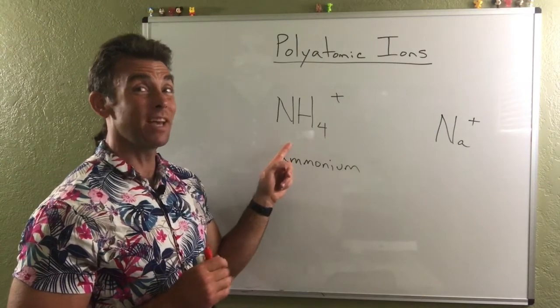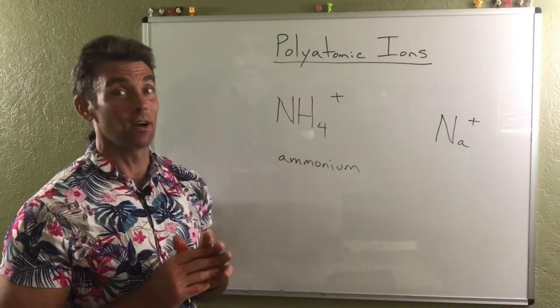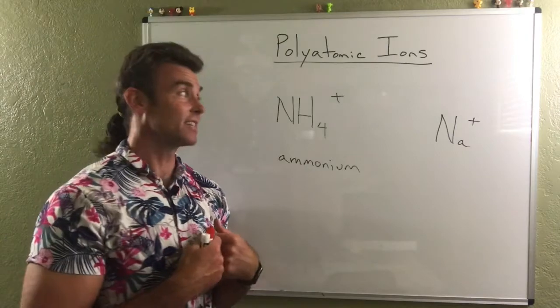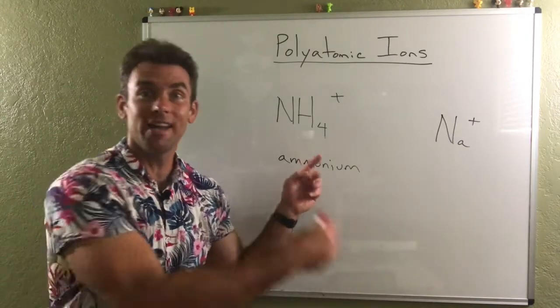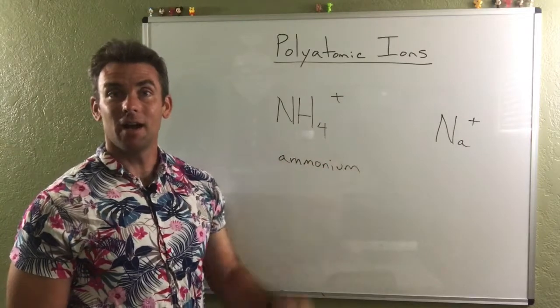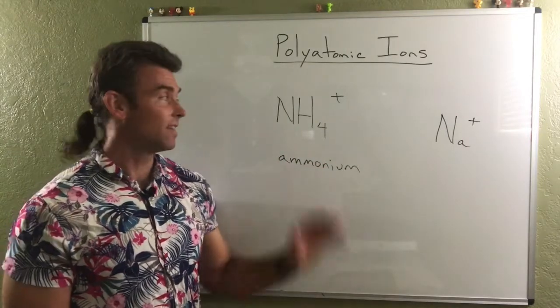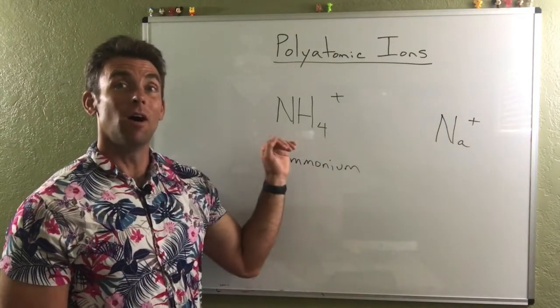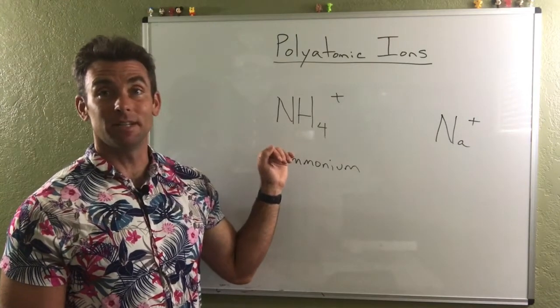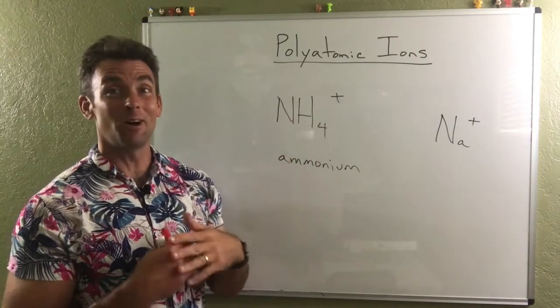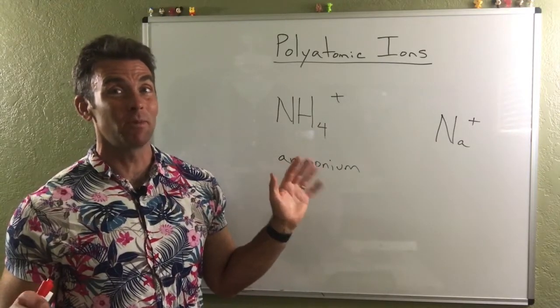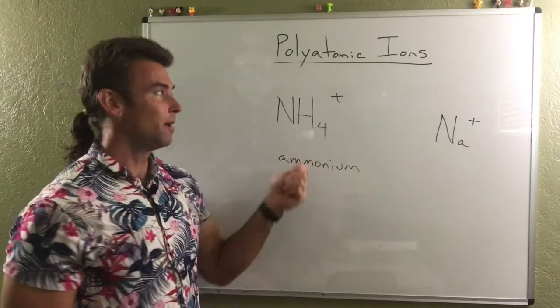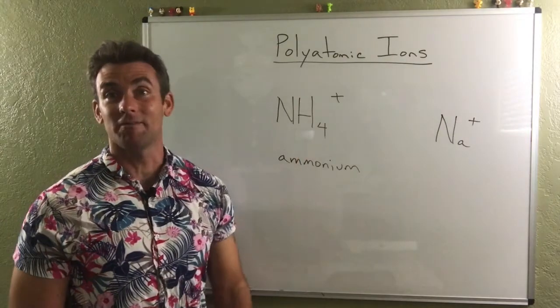We should ask not just does it contain a metal, but does it contain a metal or ammonium, or NH4 plus? It's important that you recognize that things that involve ammonium are also ionic compounds, even though when you look at them, they involve only nonmetals. It's kind of that weird exception, but it's such a common molecule that we have to be aware of it.